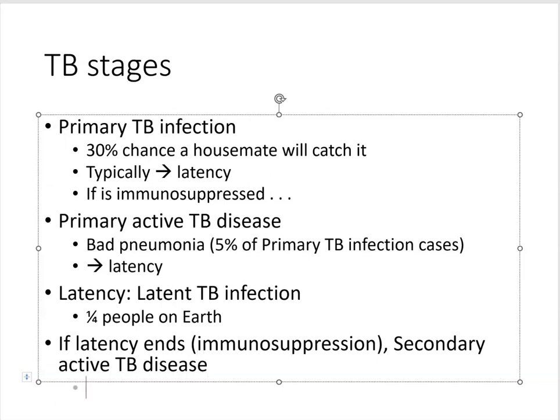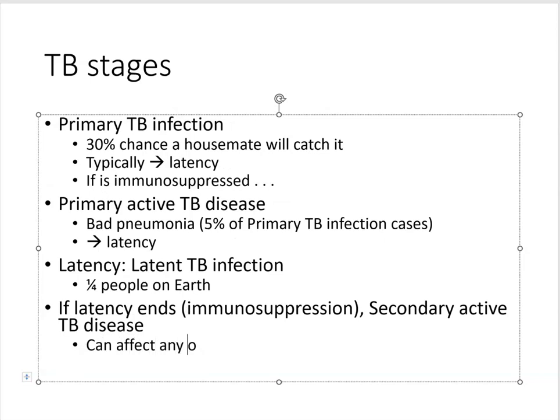Secondary active TB disease can affect any organ system, because basically the bacteria have gone into latency where they've been trapped by the immune system somewhere in the body. And wherever they are in the body, if that trapping stops working, they will get out and attack whatever part of the body they're in.